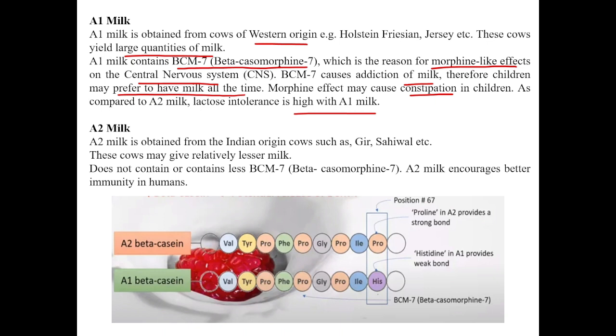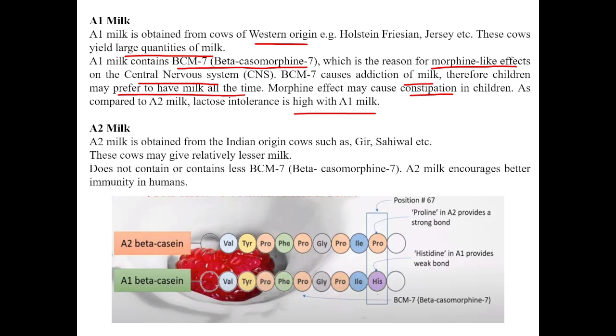Epidemiological evidences are there, but they are very small. A1 milk is reported to cause type 1 diabetes, coronary heart disease, arteriosclerosis, sudden infant death syndrome, autism, schizophrenia. Those studies are very few, and it cannot be said that A1 milk is better or A2 milk is better.